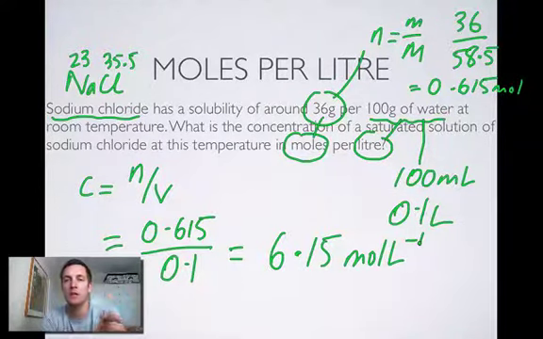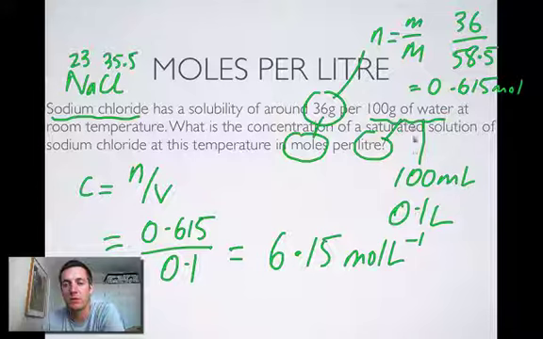So you can see that when we're using moles per litre, we should quite easily, using the formulas that we know from before, be able to turn masses into moles. If you're told the concentration in grams per litre, you should be able to turn that into moles per litre.